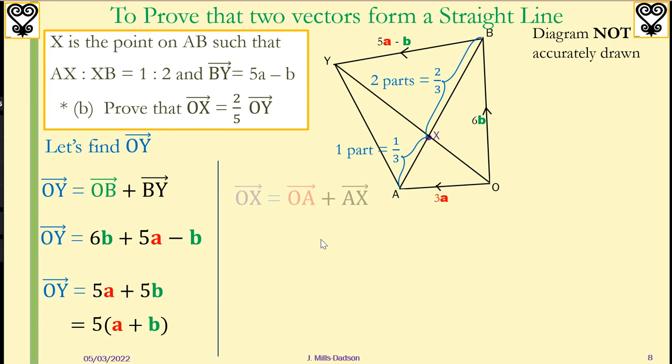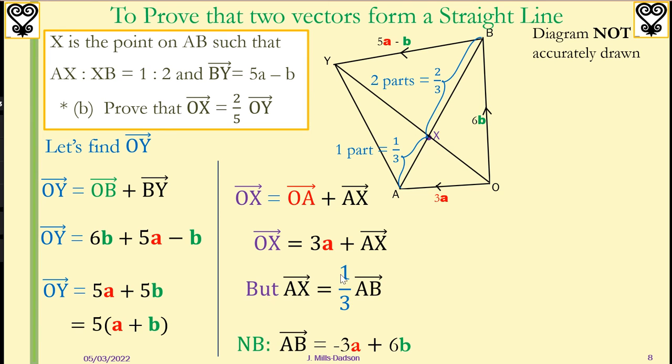Now, let's work out OX. We have OX as OA plus AX. And we know AX is a fraction of AB, which is actually 1/3 of AB. We know our OA as 3A. Let's work out AX separately. We know AX is 1/3 of AB.